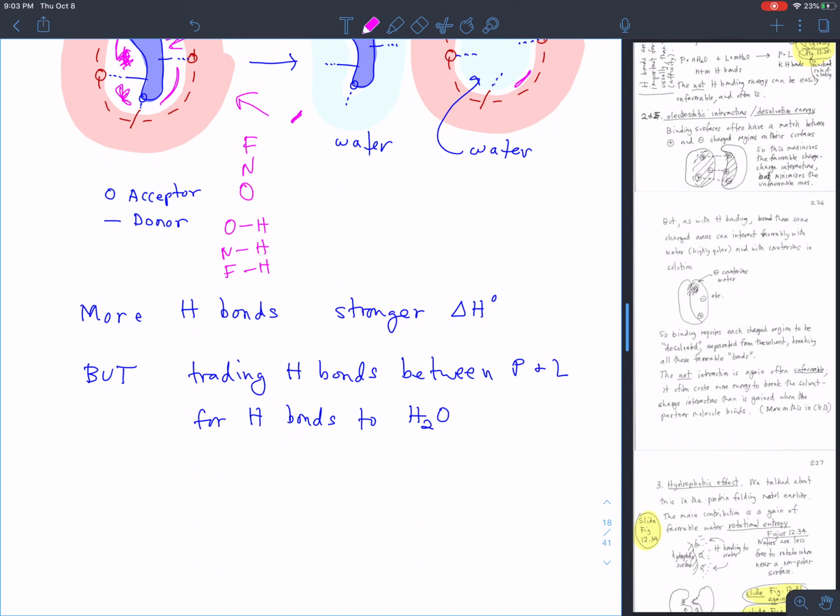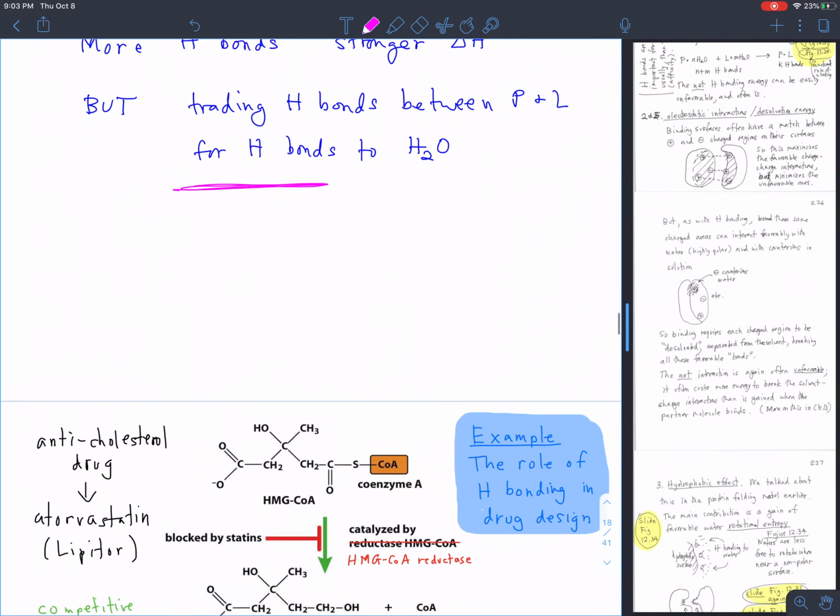It can even contribute to repulsion, to the opposite of binding. It can contribute to dissociation, depending on the strength and the number of hydrogen bonds that you gained and lost in the course of binding something. So there's always a trade-off between the hydrogen bonds you lost to the water and the new hydrogen bonds that you gained when the ligand bound.